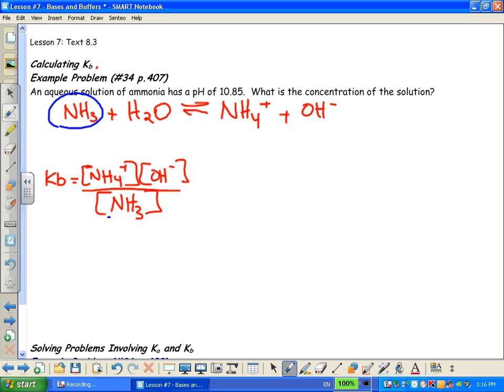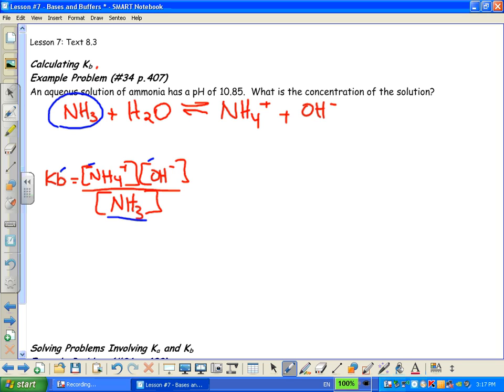Okay, so our goal is to find this. Before we can do that, we have to make sure that we have these 3 things here. So my Kb, I can find that by looking it up in the back of your textbook.